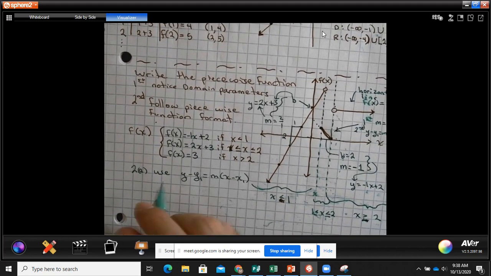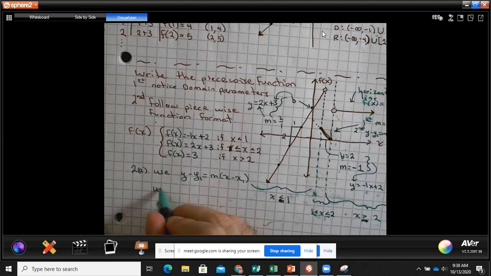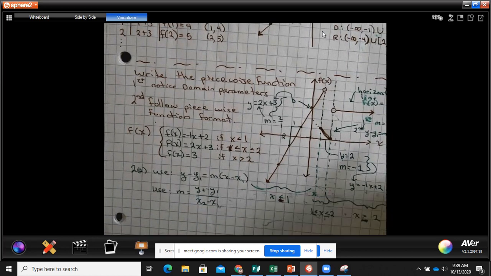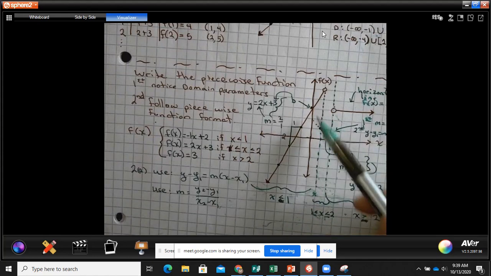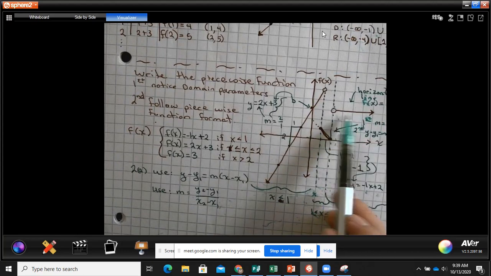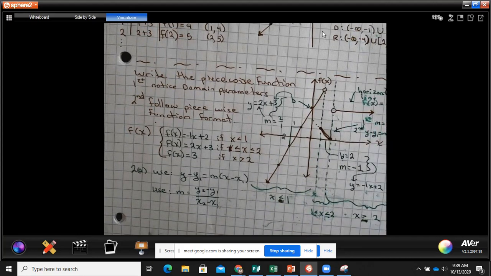You might also have to use m equals y sub 2 minus y sub 1 over x sub 2 minus x sub 1, just like you would have used here, or you could have used there, or you could have used your parent functions.